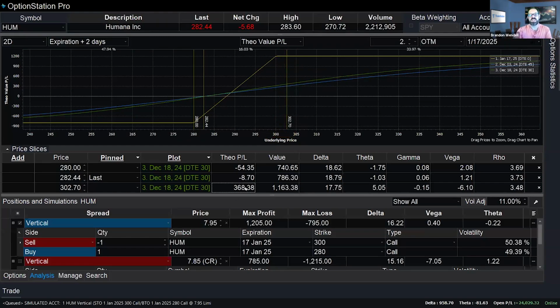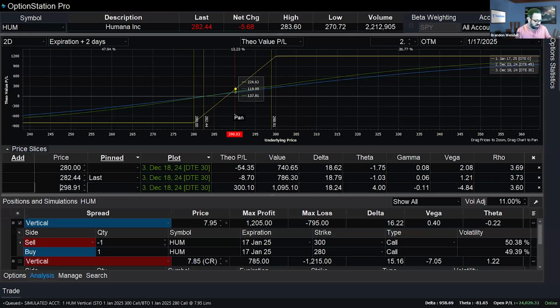I think that's where I had it before. I know how much I potentially will make. So let's just make it easy: make it 300 bucks. I will approximately profit $300 at 298.91.